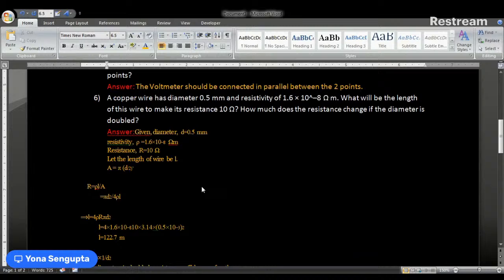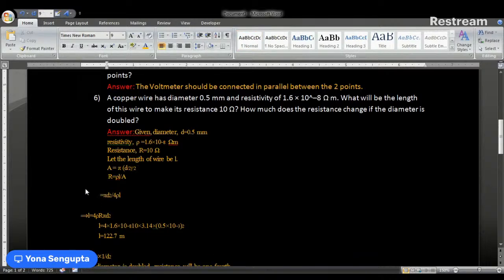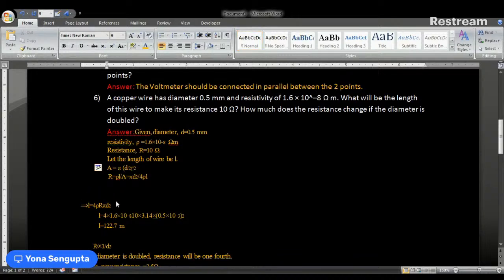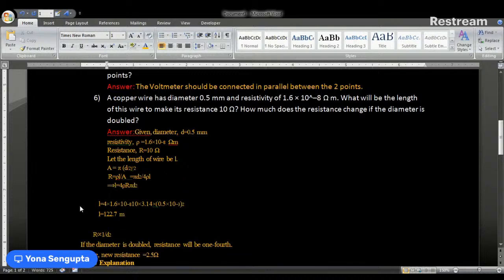The resistivity formula is that R equals to rho into L by the area, which equals this. So it gives us that for rho, R equals to this.